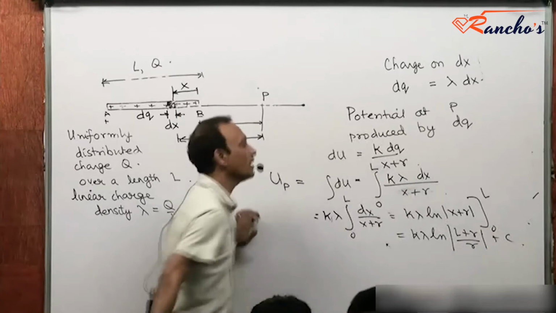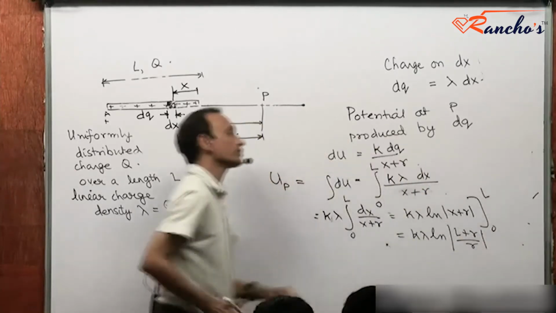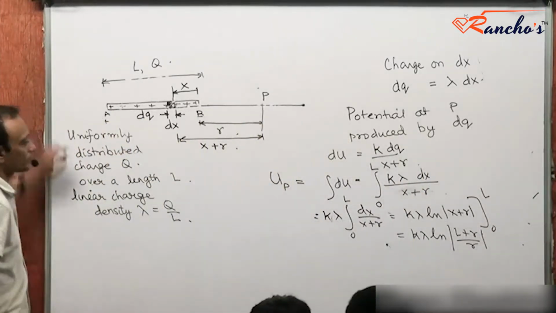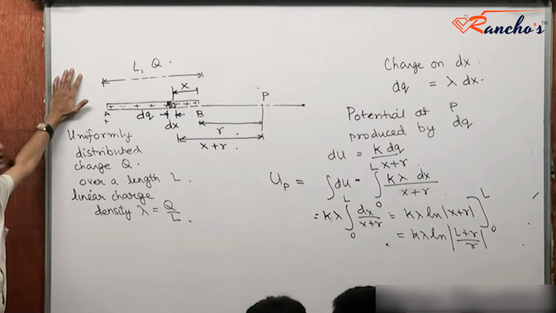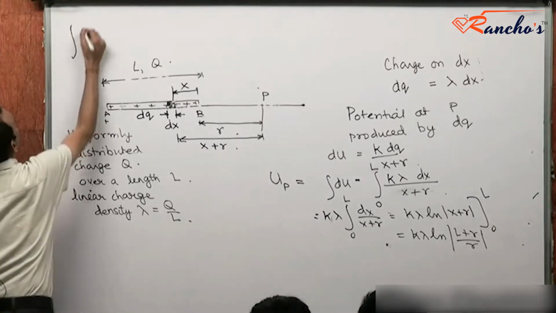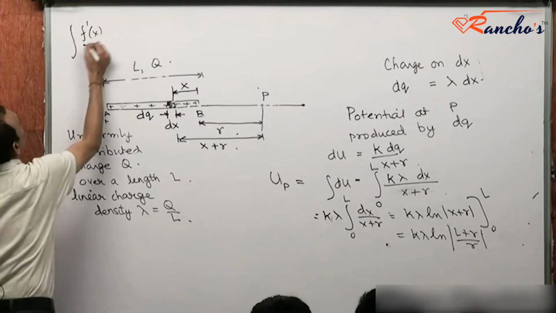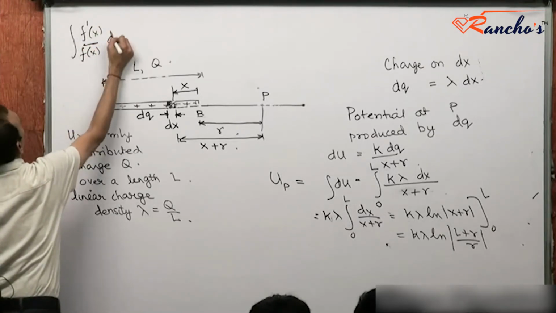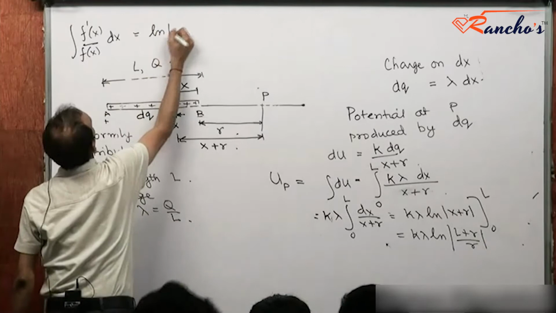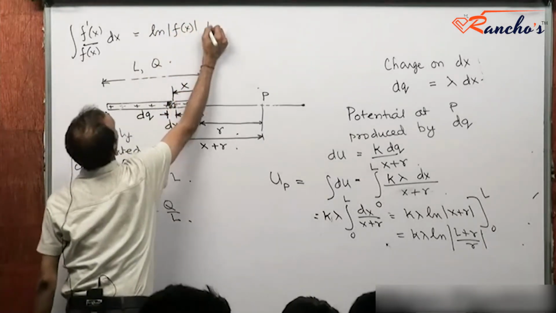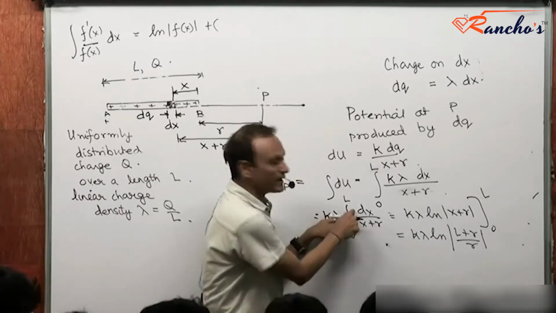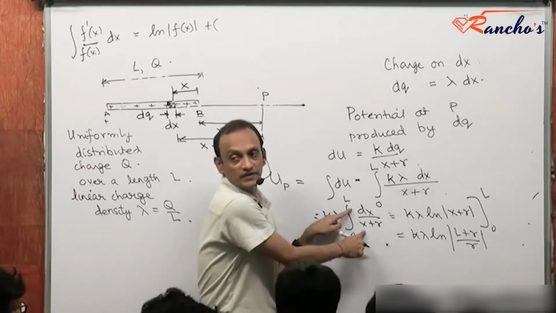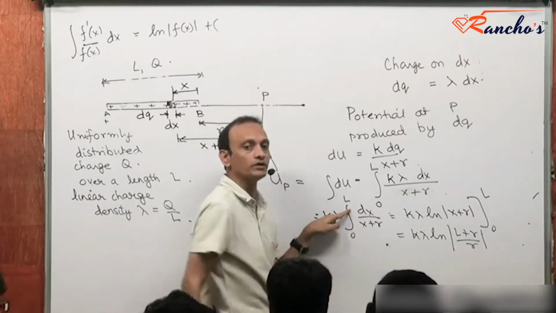Integration: if the numerator is the derivative of the denominator, then the integral will be log mod denominator. See, in this case, the derivative of x plus r with respect to x is 1. So the numerator is the derivative of the denominator, and the integral will be log mod denominator.